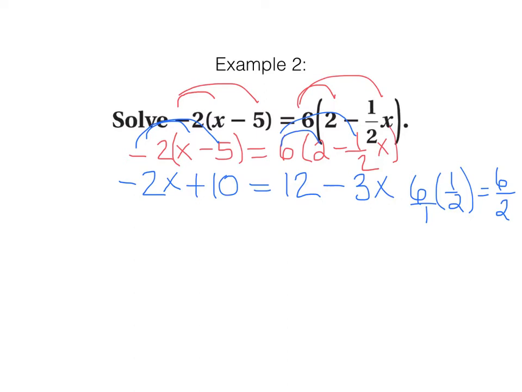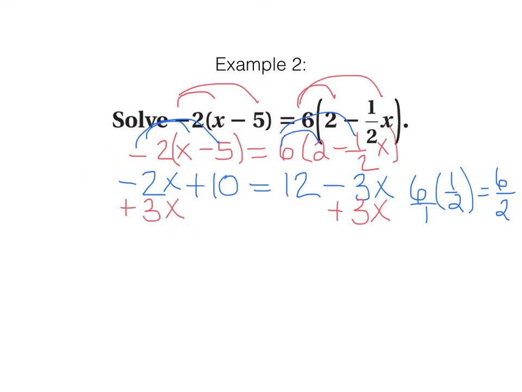Right now on the right-hand side, I can see that the variable is negative 3x. To get rid of a negative 3x, I'm going to put in a positive 3x. And what I do to one side, I have to do to the other. Notice on the other side, I lined up the 3x with the negative 2x because those are like terms.